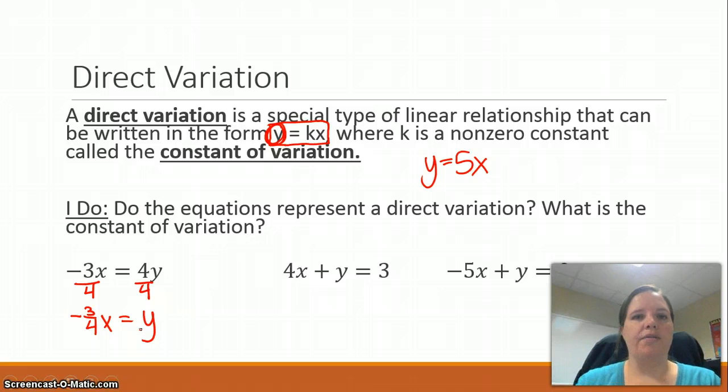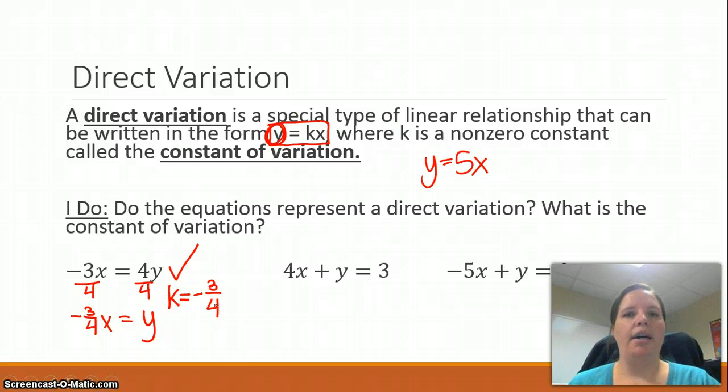So is that a direct variation? Check. Yes, it is. And the constant of variation k is negative 3/4, because that's how x is related to y, by using the number negative 3/4. It's negative 3/4 of x is y.